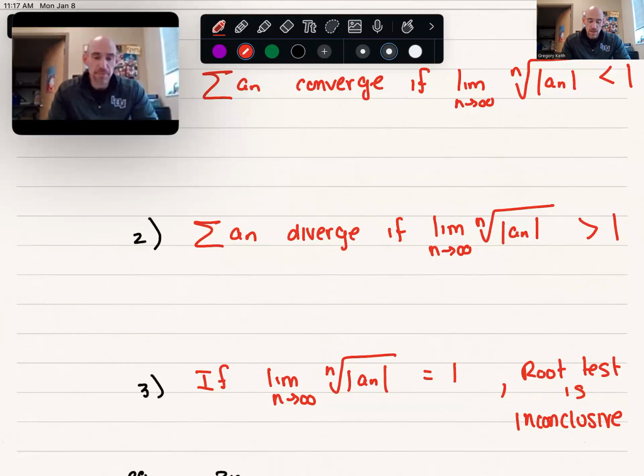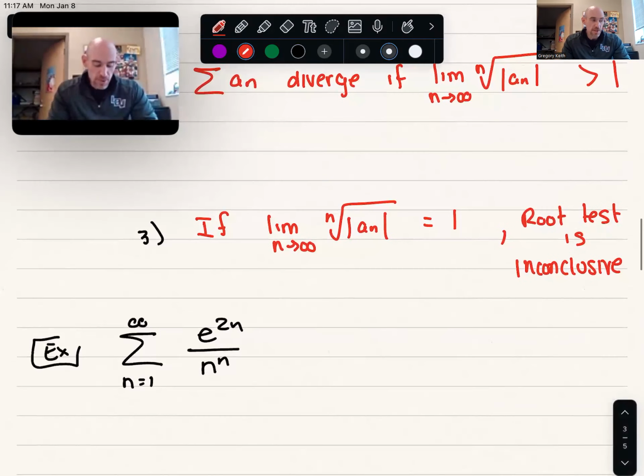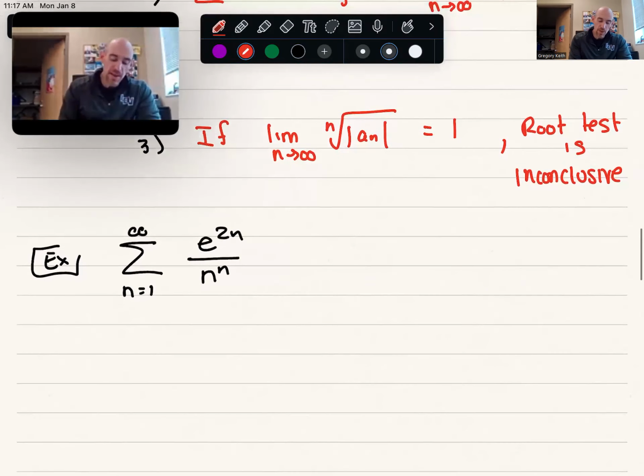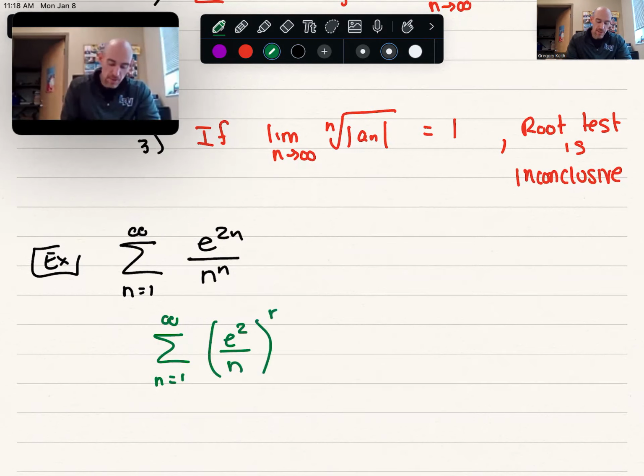Again, this is very specific. It has to be raised to the nth power. So here's an example, and if you take a look at this, both the numerator and denominator are raised to some form of the nth power. Even though we may not actually see it up at the top right away, using those exponent rules, we can rewrite this as e squared over n raised to the nth power.